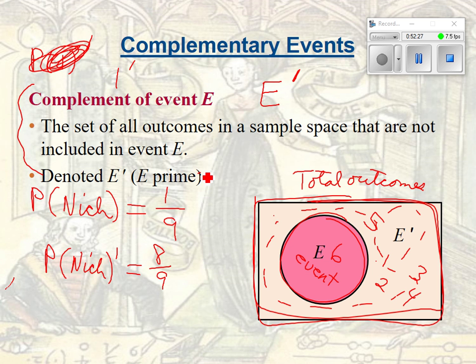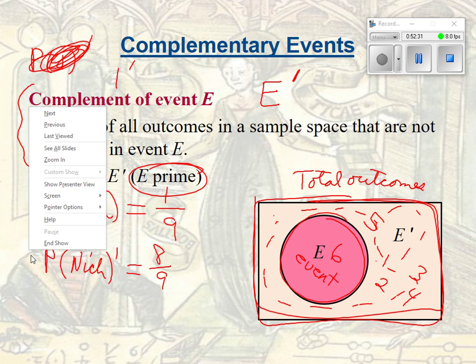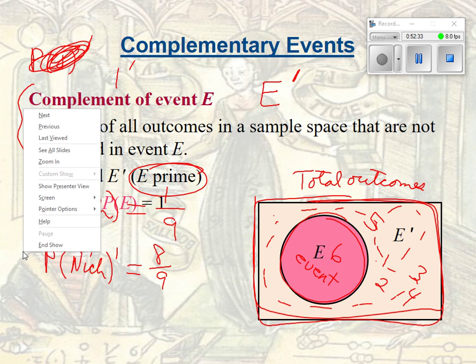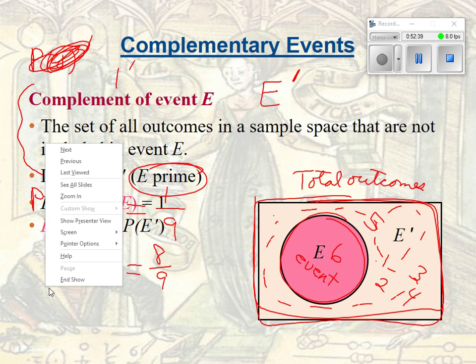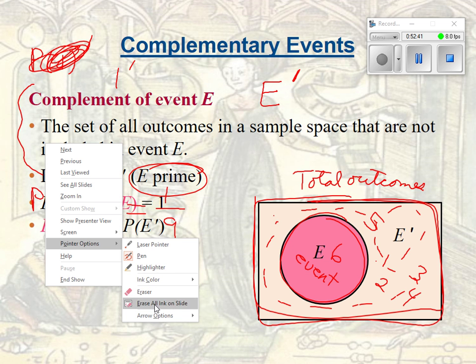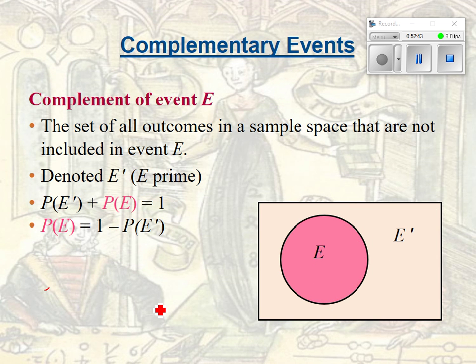E prime, I can't remember what that's called. That's called a prime on a tick mark. Might want to write this down. Let me erase everything on this slide. Might want to write this right here down. Probability of E prime plus probability of E always has to total up to 1.